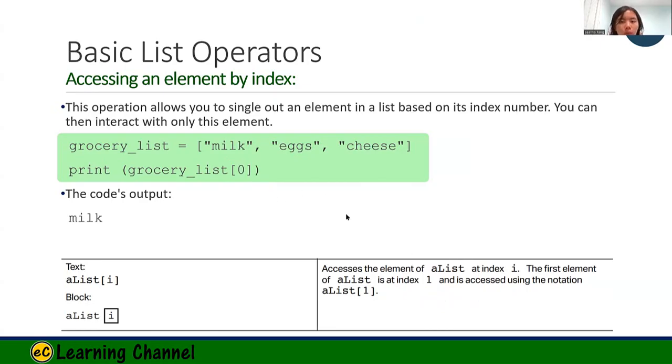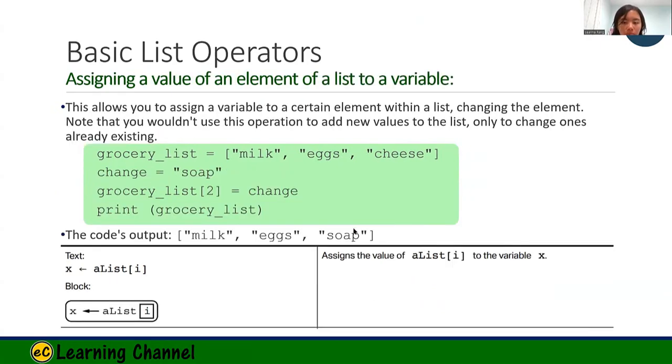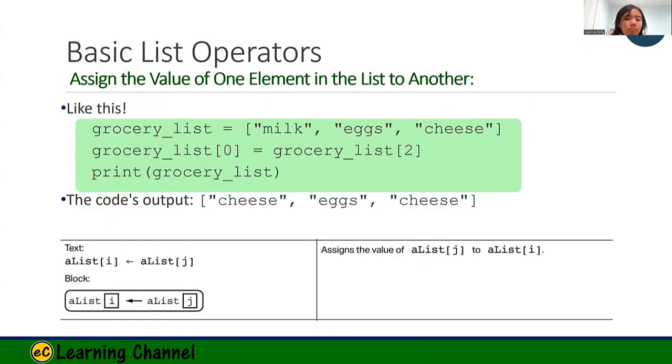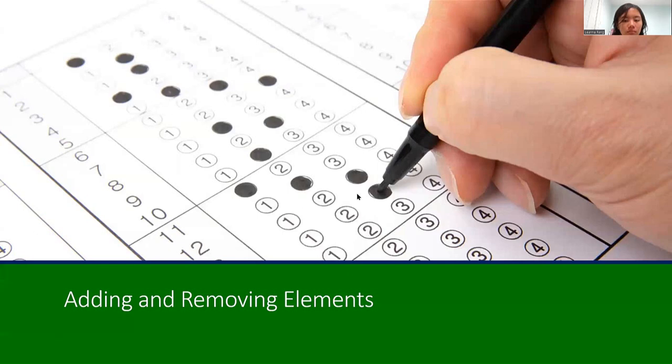Index 0, we will say index out of bound, okay? So you can assign the i-th element to x, okay? Something like that. And you also can get the value to assign to another one, okay?